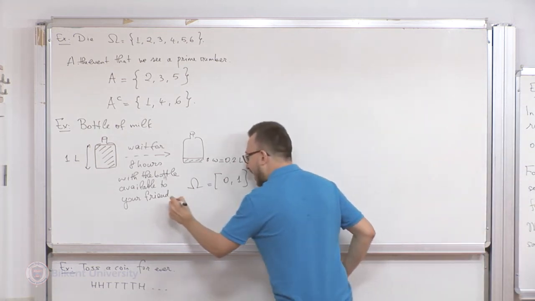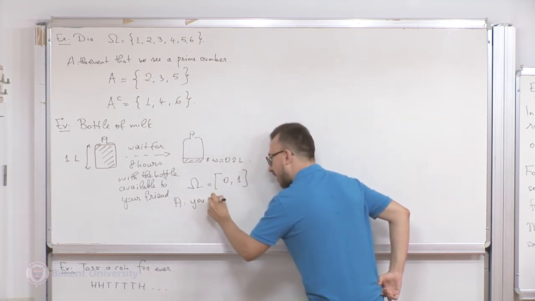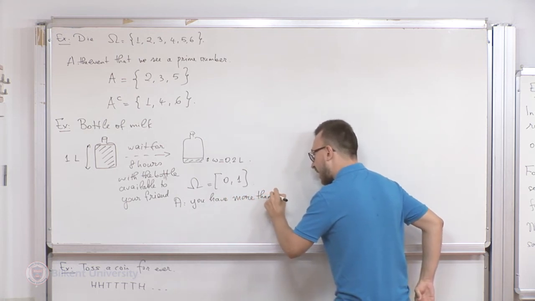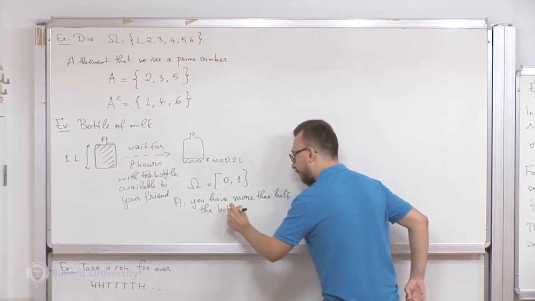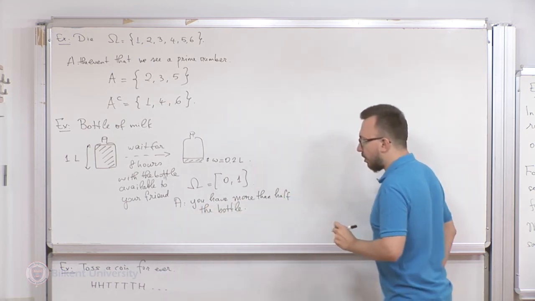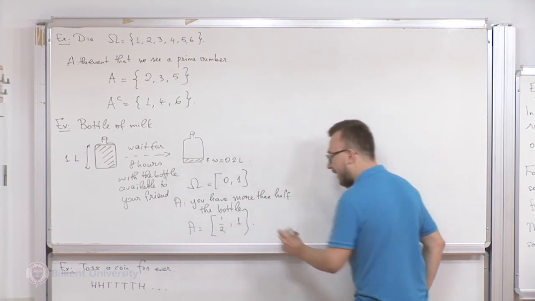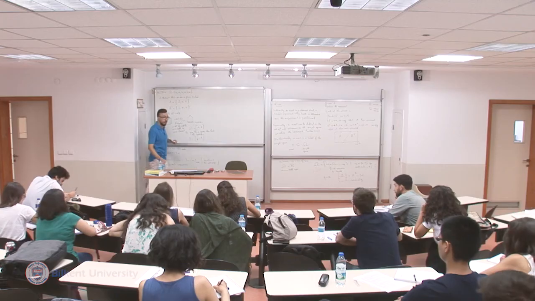And now what is an event? Let's say A is the event that you have more than half the bottle. So this corresponds to an interval like 1/2 to 1, right? This is an uncountable set.